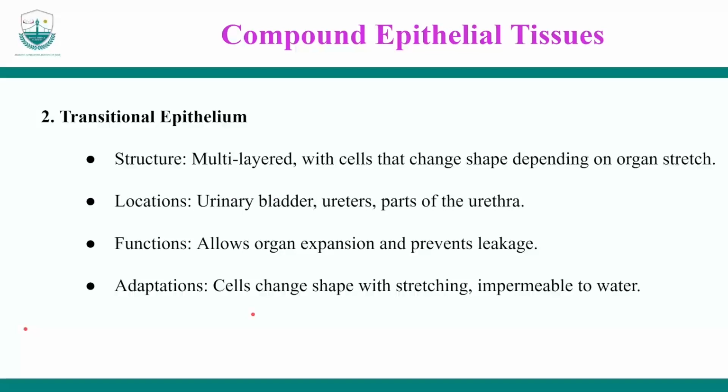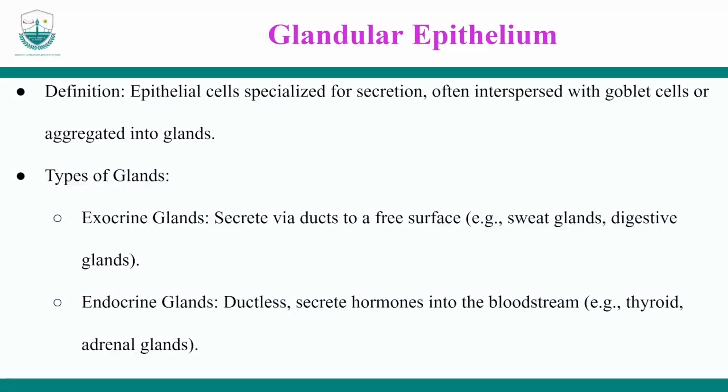We find it in the urinary bladder, ureter, and parts of the urethra. This type of epithelium is very important for providing expansion. It allows organ expansion and prevents leakage because the cells have different shapes, so they can stretch, but they are also impermeable to water. That's another property that they have.